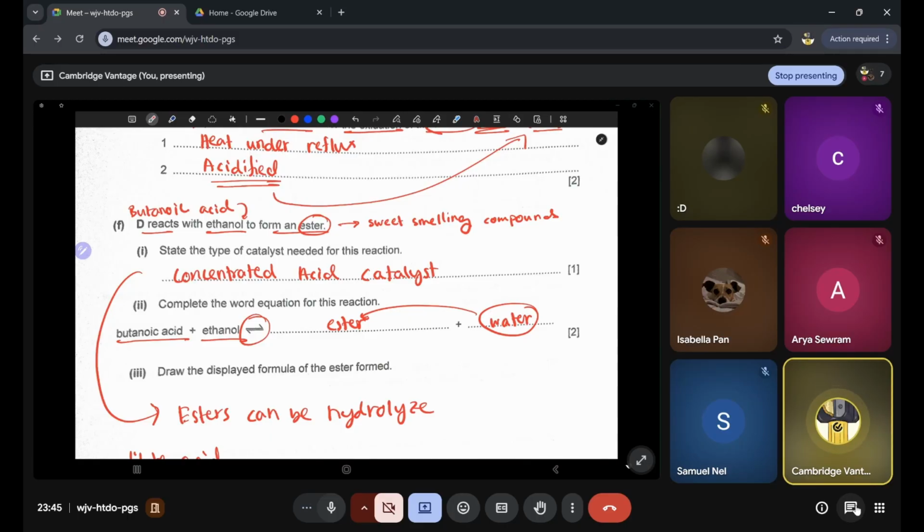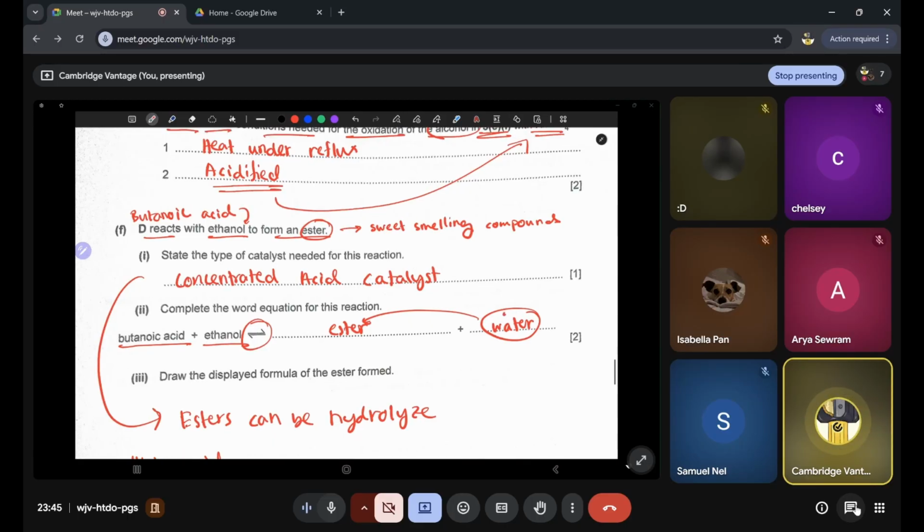So if the water isn't removed properly at the end of the reaction, the water is going to interfere with the ester. To get rid of this water, we use the concentrated acid. The concentrated acid gets rid of the water and ensures that the ester is properly obtained at the end of the reaction. All right, so that answers that part.